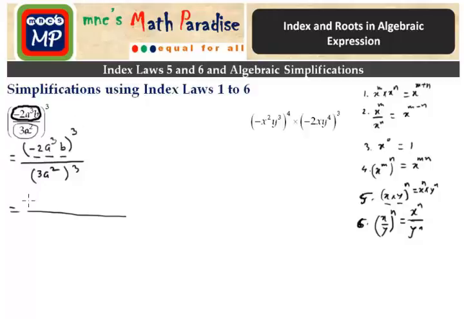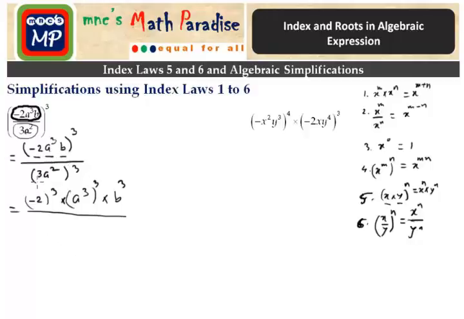So minus 2 to the power 3, a cube to the power 3, and b to the power 3. This common power 3 is distributed over all three of them, that is minus 2, a cube and b.